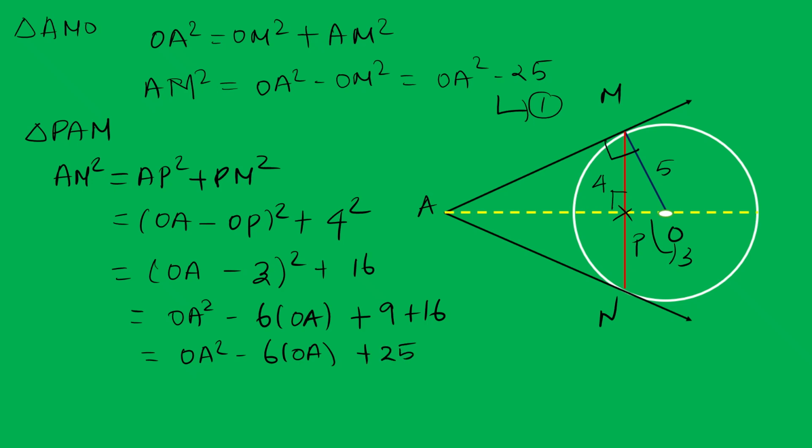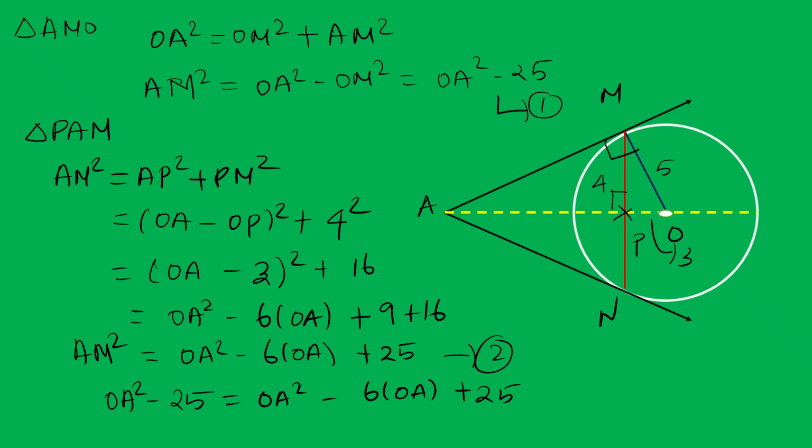And from equation 1, we can equate this with equation 2. We can equate equation 1 and 2 since both LHS are equal, which is AM square, and we get OA square minus 25 equal to OA square minus 6 times OA plus 25.